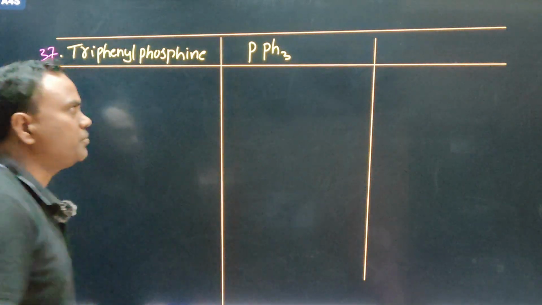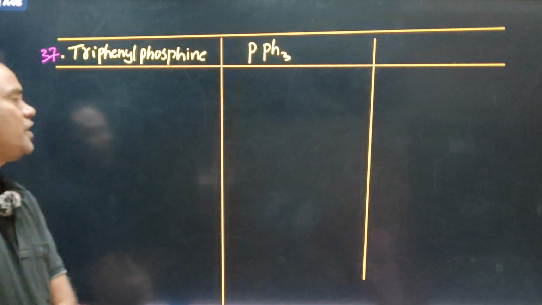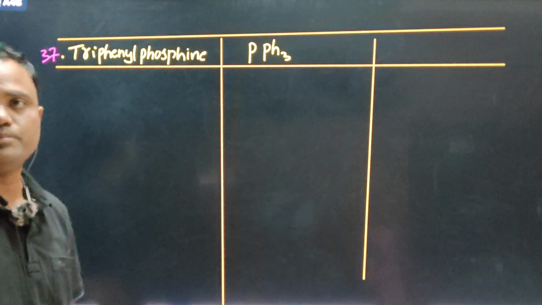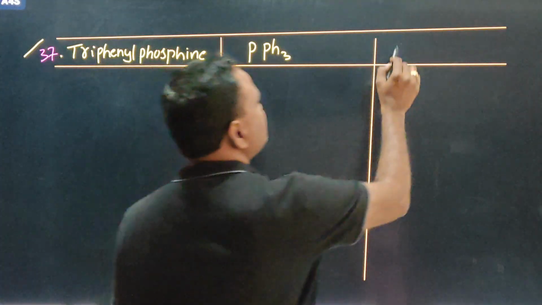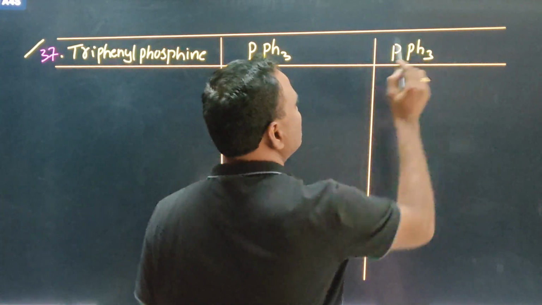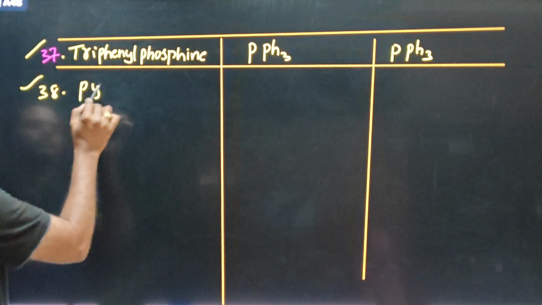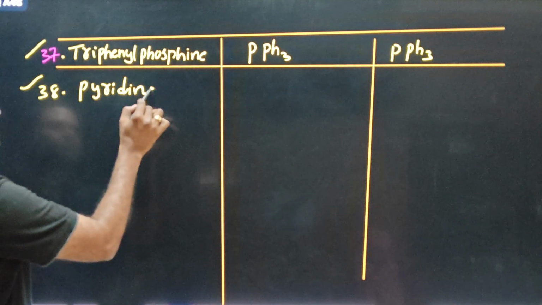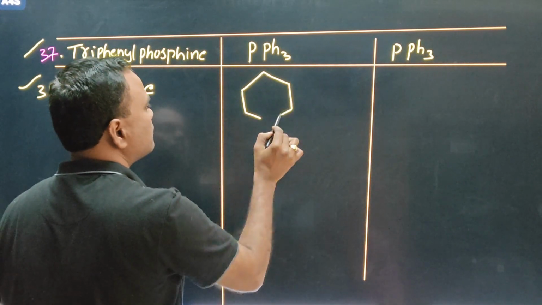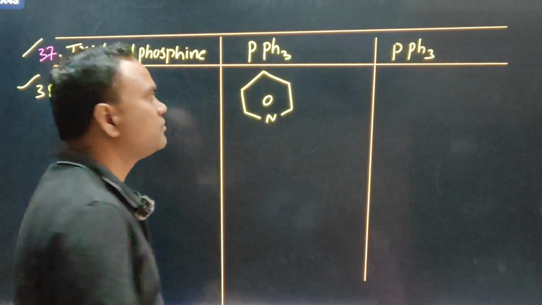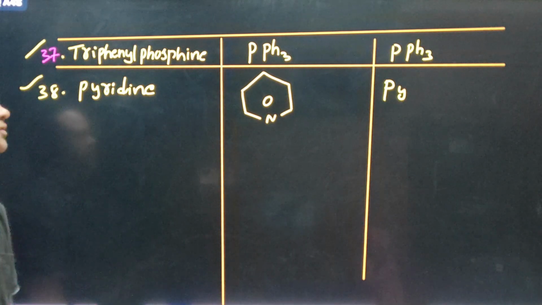Ph means phenyl, the benzene ring. Triphenyl phosphine, PPh3, is important. Give a tick mark for this also. 38, important, pyridine. Pyridine, PY.